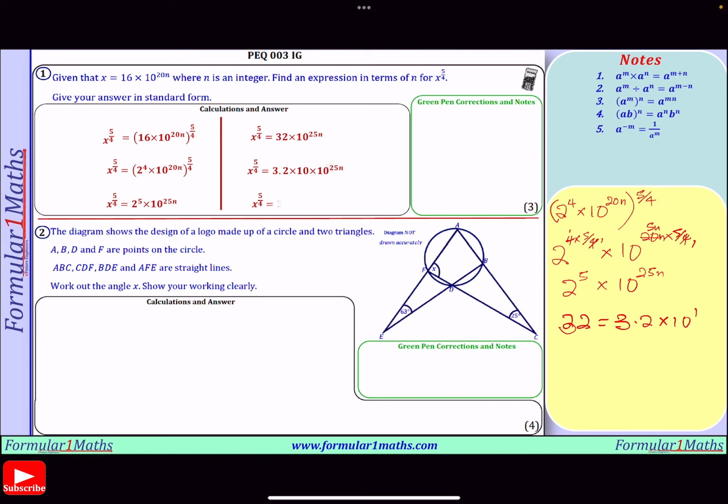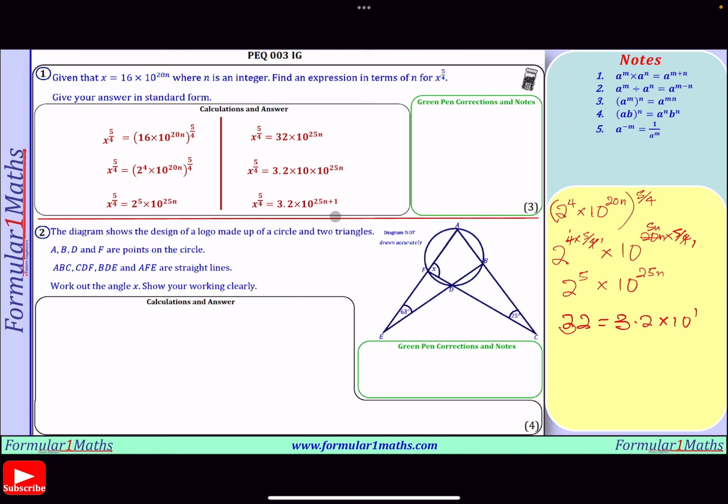And so we end up with 3.2 times 10 to the power 25n plus 1. And that is the answer required for question 1.